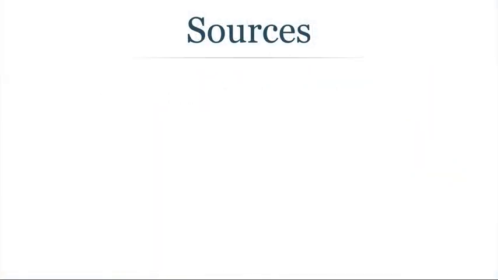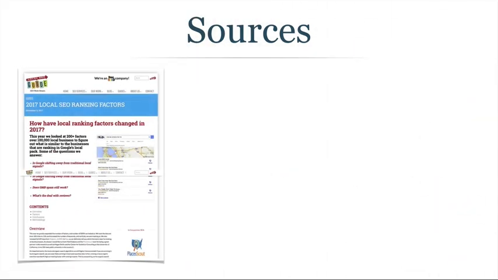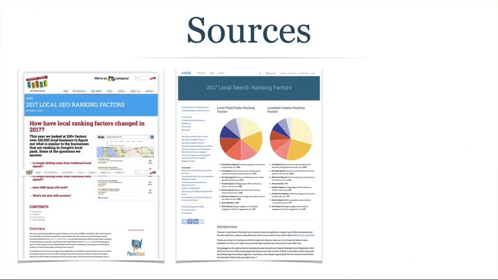Now, to put together this presentation, I did a lot of research. A few of the websites that I used, and when I send out the follow-up email, I'll include these in there. One is a 2017 local SEO ranking factors. This is very much based on specific measurable factors. Another site that I used was from Moz, and this was also 2017 local search ranking factors.